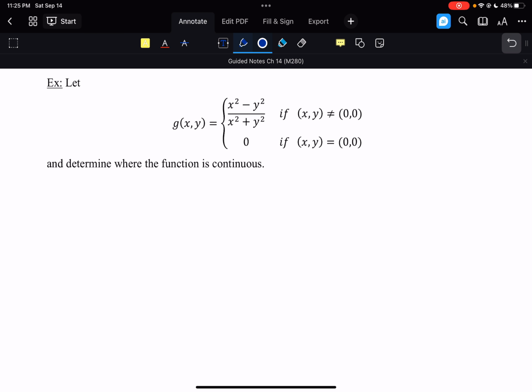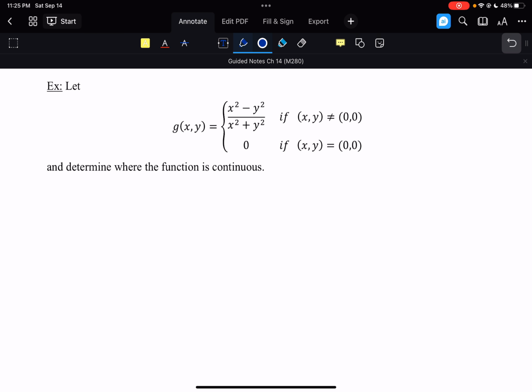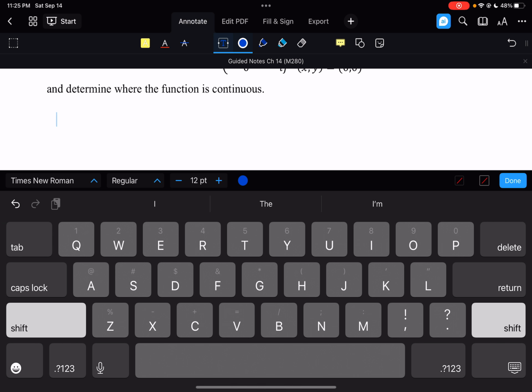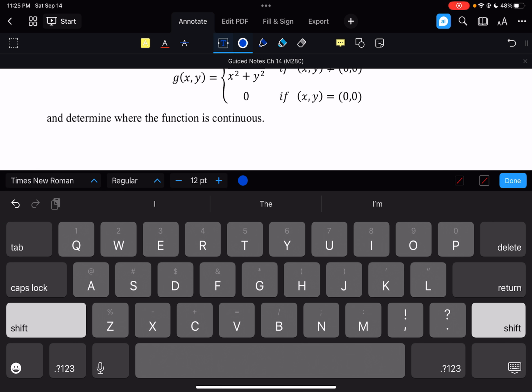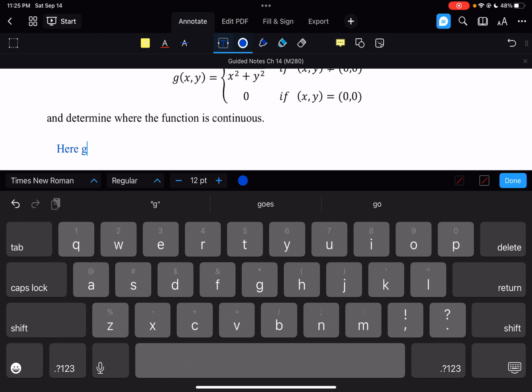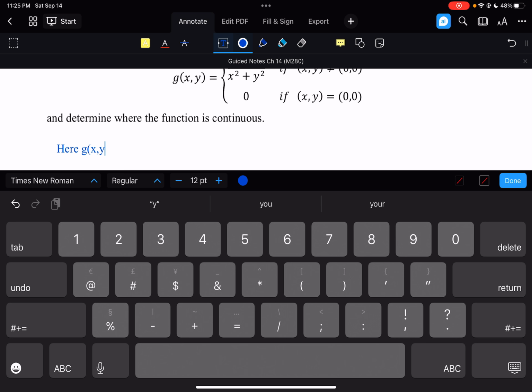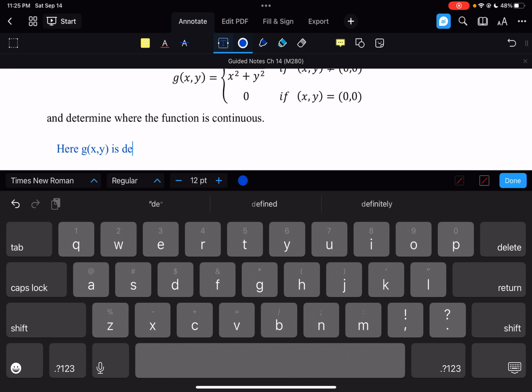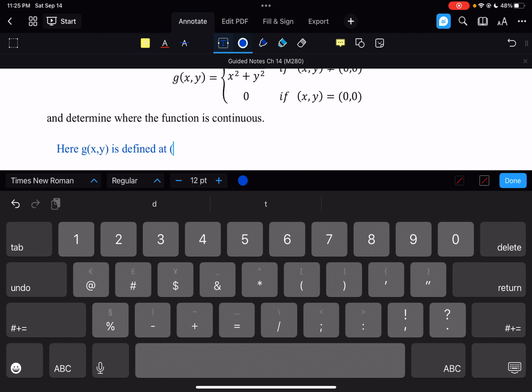Okay. So here, g of (x, y) is defined at (0, 0).